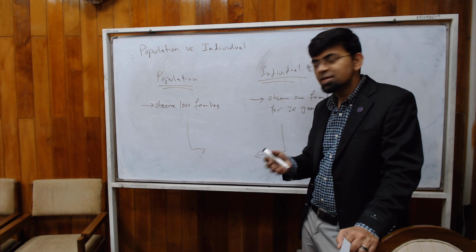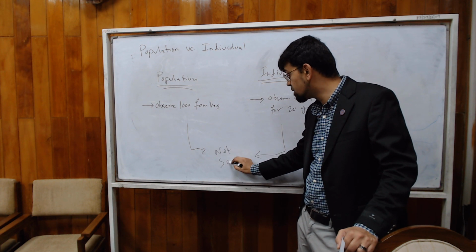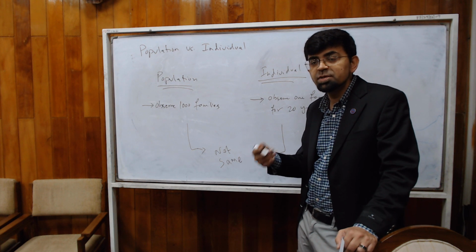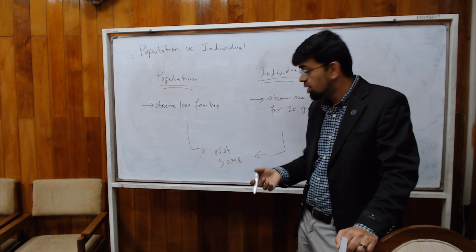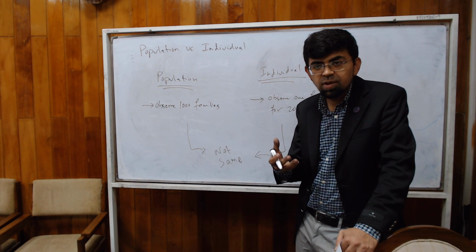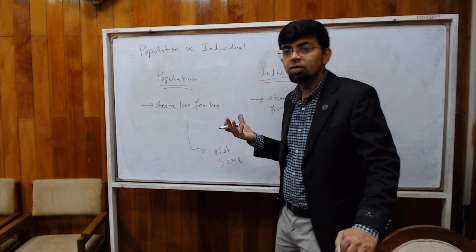You won't end up with the same statistics, the same behavior. I'm just saying a picnic spot, but it can be any other thing. So it could be the same, but you don't expect it to be, because individual families may have their own preferences.